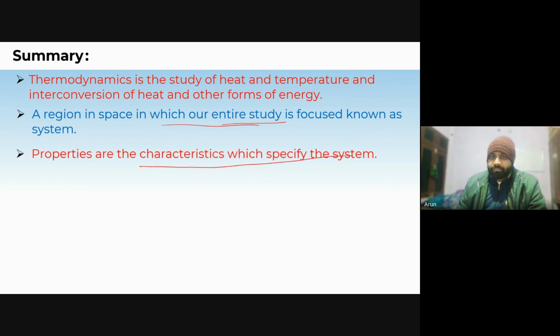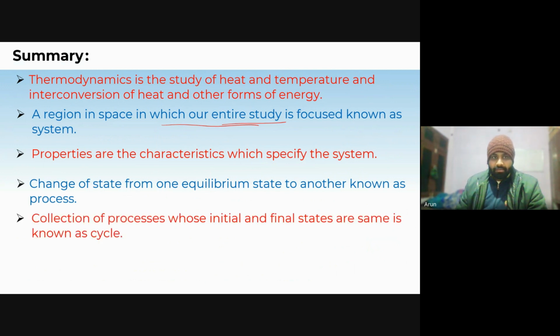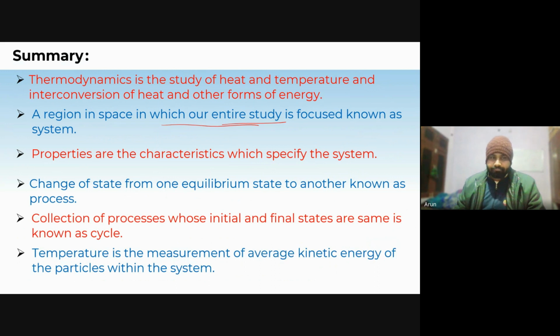It is a characteristic by which we define or specify the system. Change in state from one equilibrium state to another is known as process. Collection of processes whose initial and final states are same is known as cycle. And we need at least two processes to complete the cycle, to make a cyclic process.